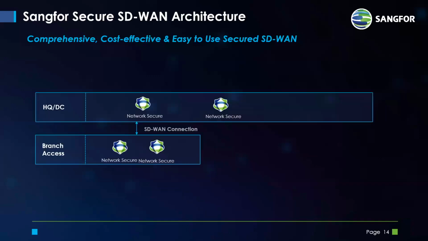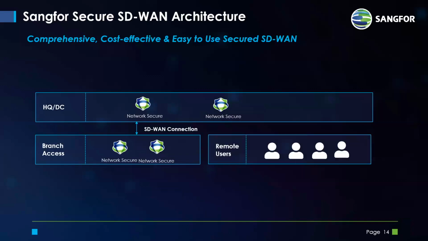This architecture integrates advanced security and network optimization capabilities to ensure seamless connectivity between head offices, branch offices, and data centers. At its core, Sangfor NSF, which is Network Secure Firewall, acts as a unified security platform, combining next-generation firewall features, AI-driven threat detection, and network segmentation to safeguard data and communication across all the endpoints.